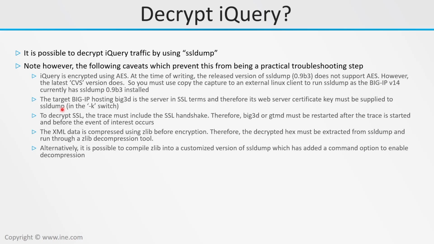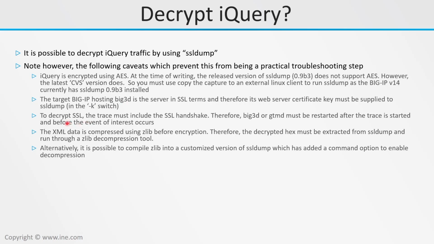So it might confuse things, but when you are running the ssldump, you also need to get the server certificate key from the F5 remote system. So you also need to copy this key to the Linux client if you're trying to do the ssldump from that.